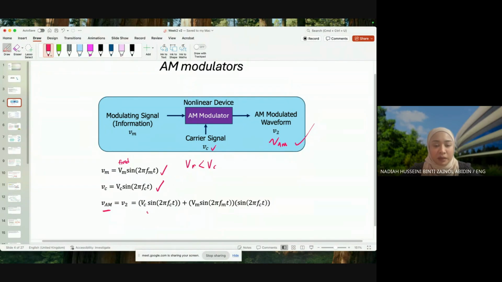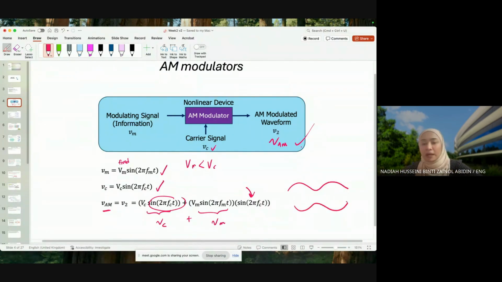So we have this. That's VC, and this is VM, which is almost VC, but not really. It's just the sine of this VC. So you multiply, and what you get is an AM envelope.